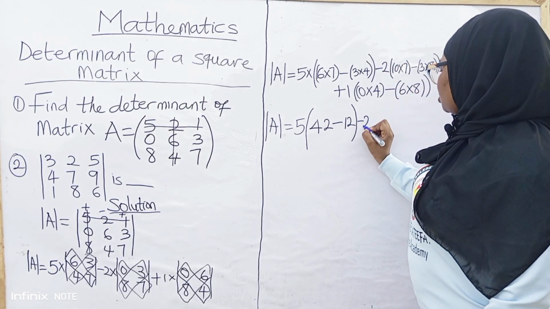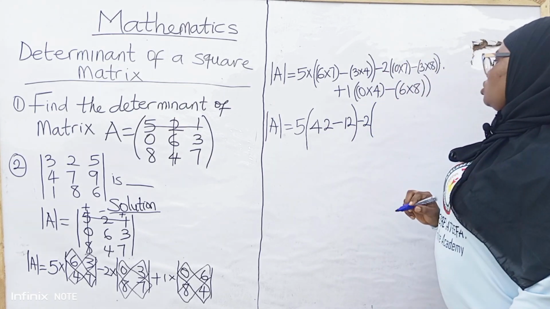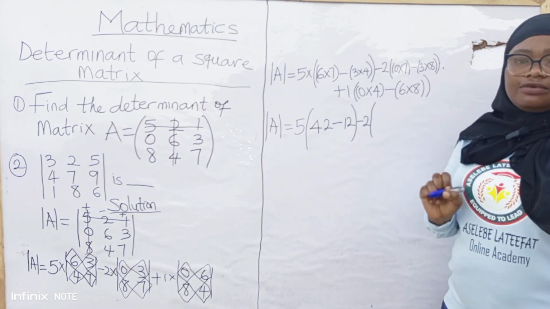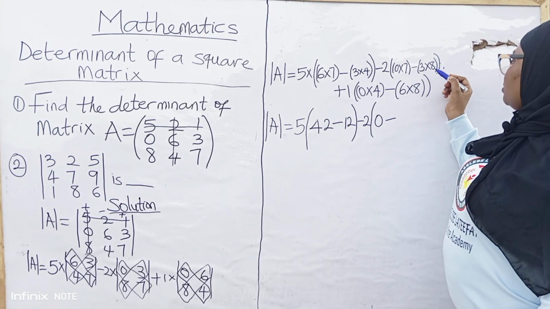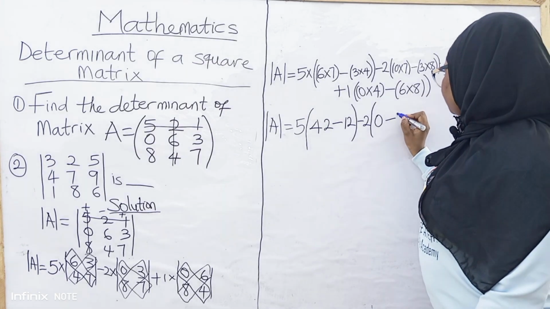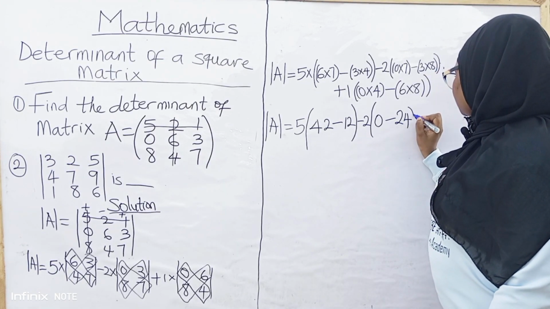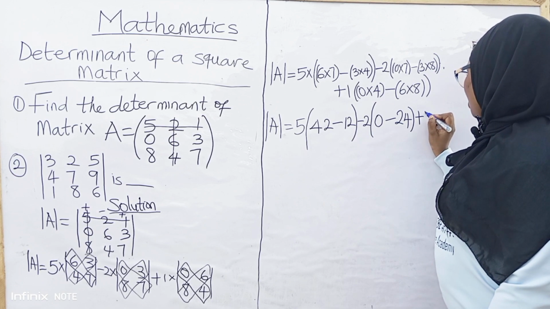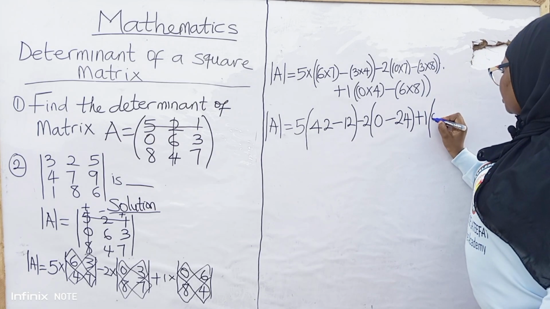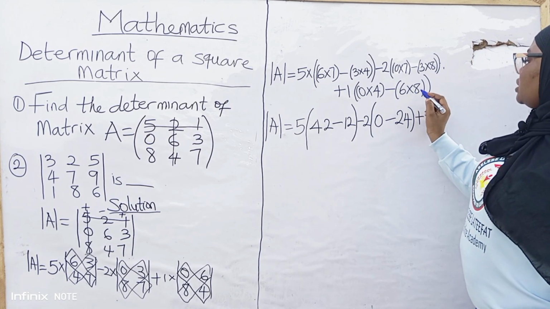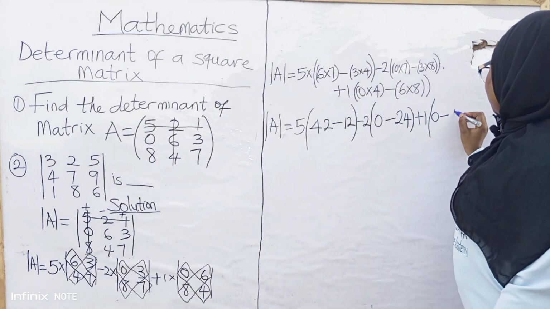Then minus 2, open bracket for that one as well: 0 multiplied by 7 is 0, then minus 3 multiplied by 8 is 24. Then plus 1, open bracket: 0 multiplied by 4 is 0, minus 6 multiplied by 8, that is 48.